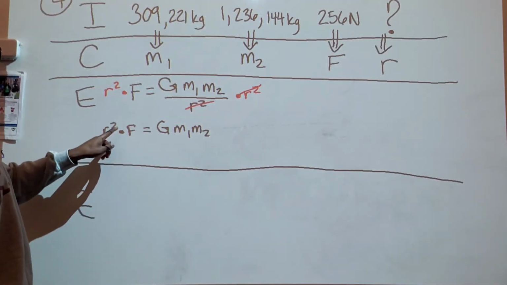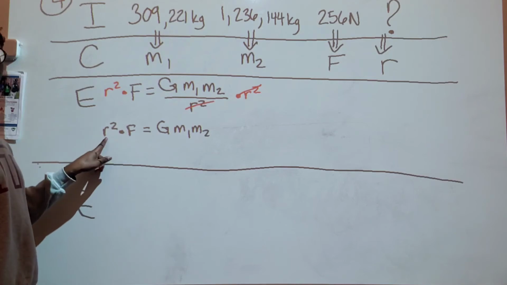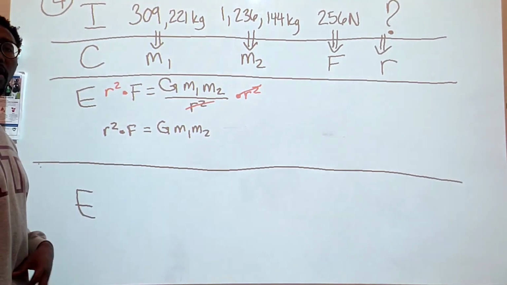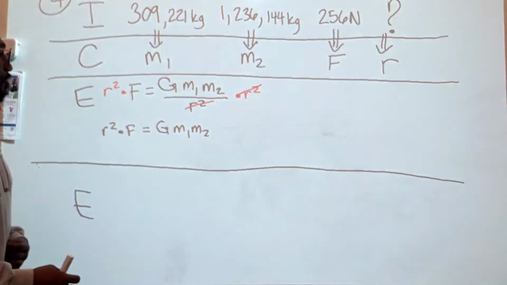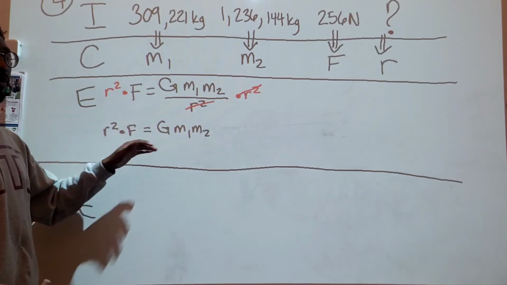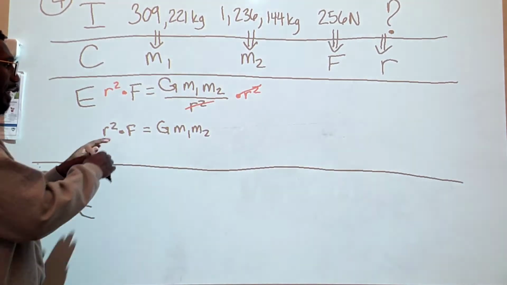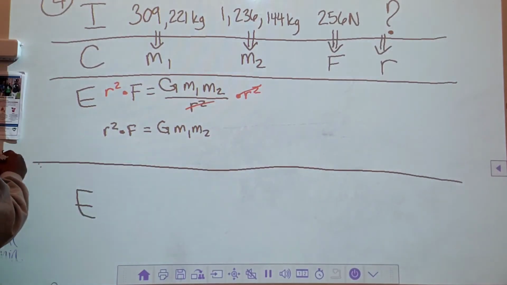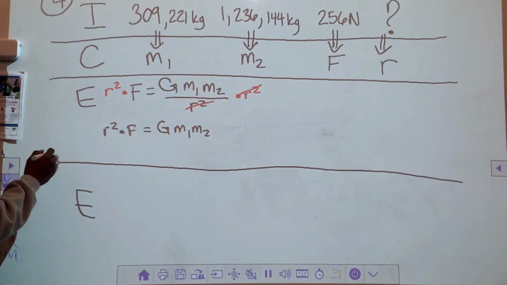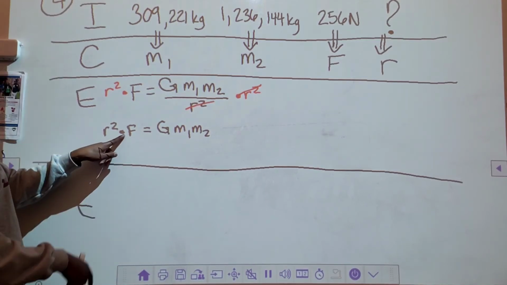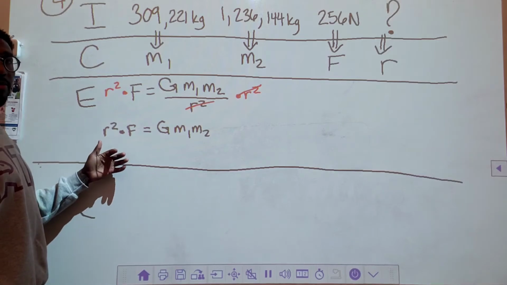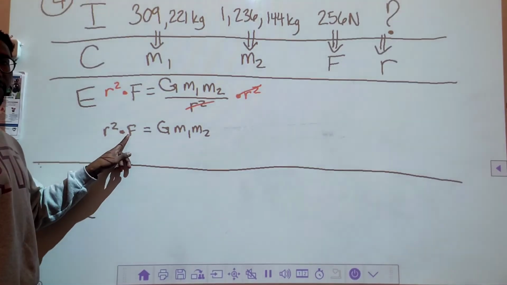That's because F is now connected to r squared. We want r to be by itself, so we need to move F away from the r. We can't have F over here. In order to do that, we need to do the opposite of the operation that's holding these two together.